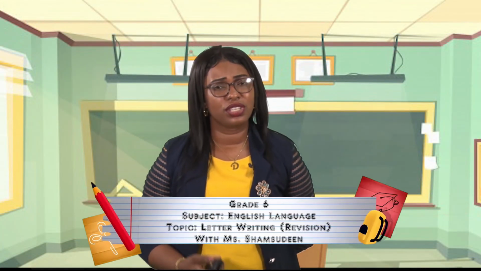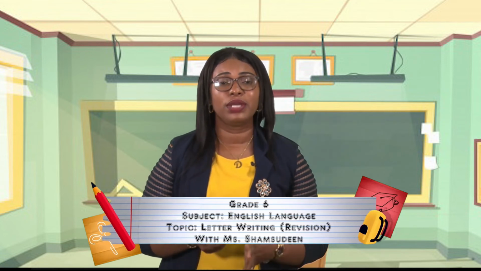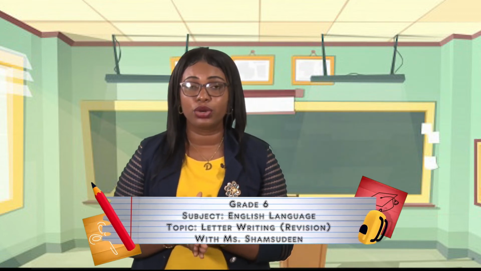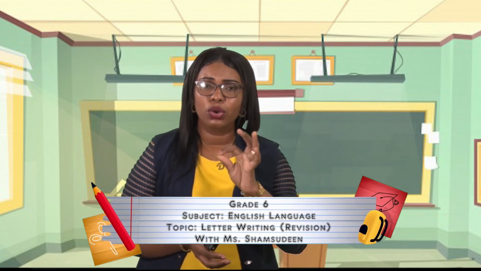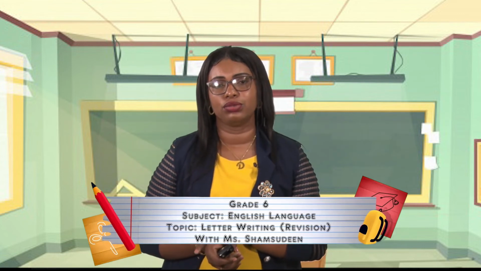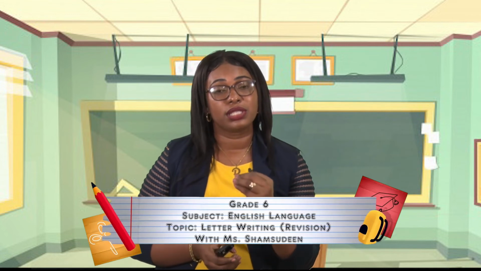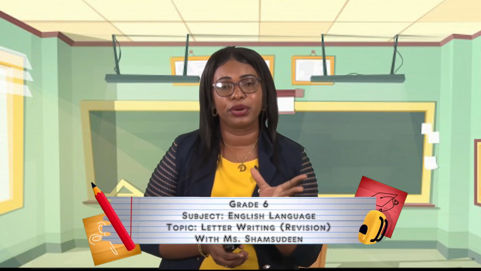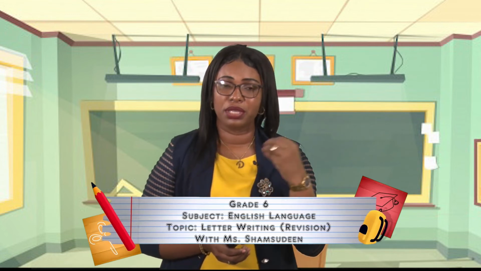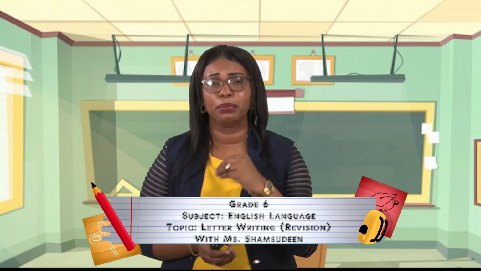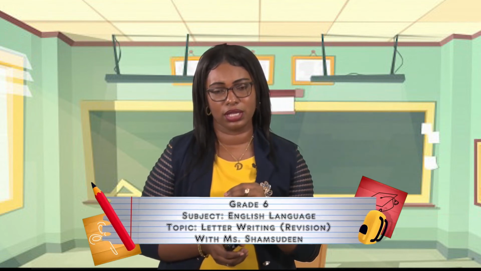Now, when we are going through these scenarios, whichever one you may want to choose, you may want to look at a few key points. Make sure you can identify who directly you're writing to. In some scenarios they may give the person a gender. It may be a male, it may be a female. Pay attention to those things.